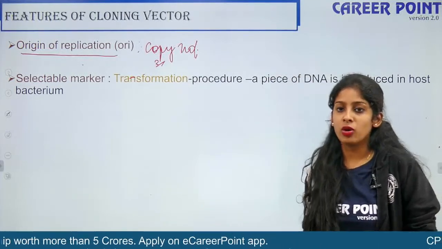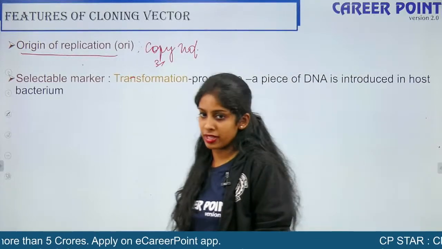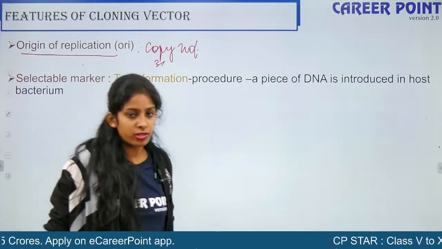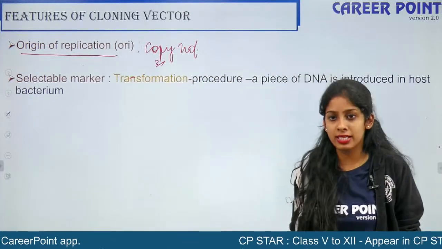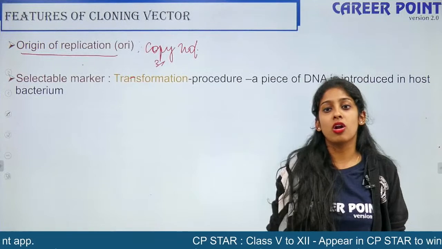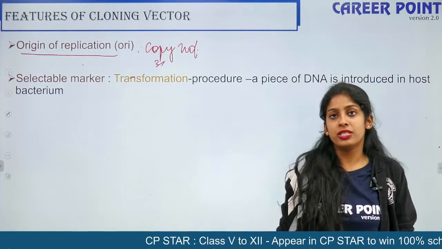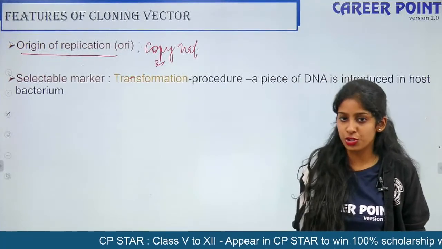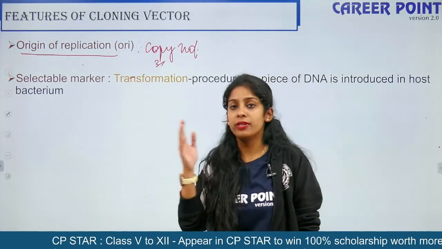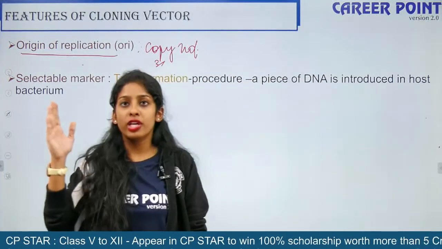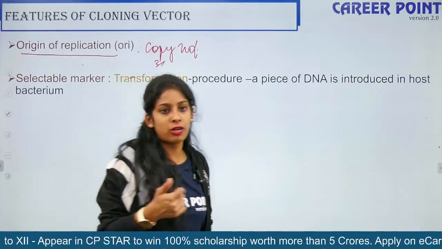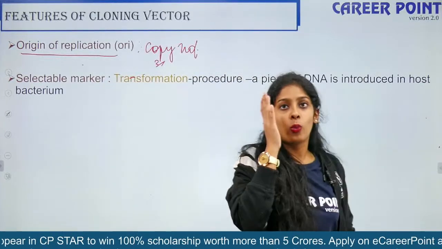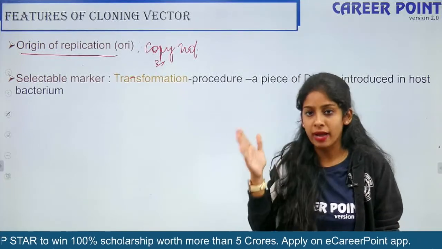So how can we say that ORI is a strong replication start? According to the central dogma of life, replication is initiated within a particular sequence, and that sequence is called the origin of replication. That is present in all plasmids naturally, and that is how your replication process is initiated. Initially you have the formation of a replication bubble, and within it there is a particular sequence where your DNA polymerase will bind.